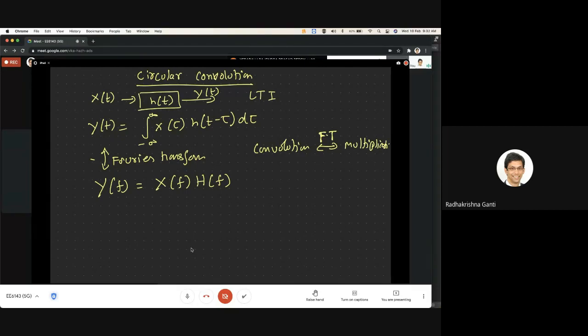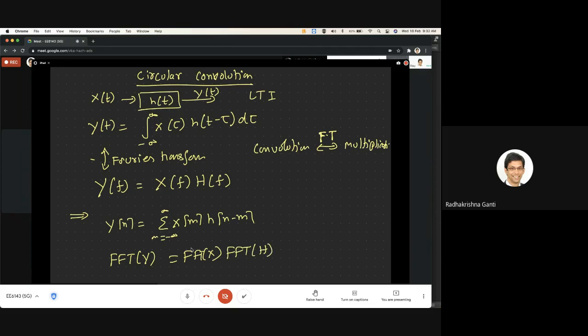Is it true that I can also define convolution for sequences? I can say that y of n is equal to the sum over m from minus infinity to infinity of x of m h of n minus m. This is a discrete-time convolution. Is it true that FFT of y is equal to FFT of x times FFT of h?